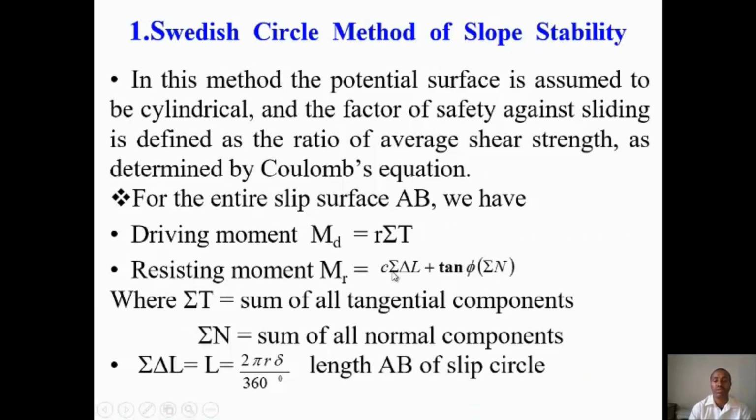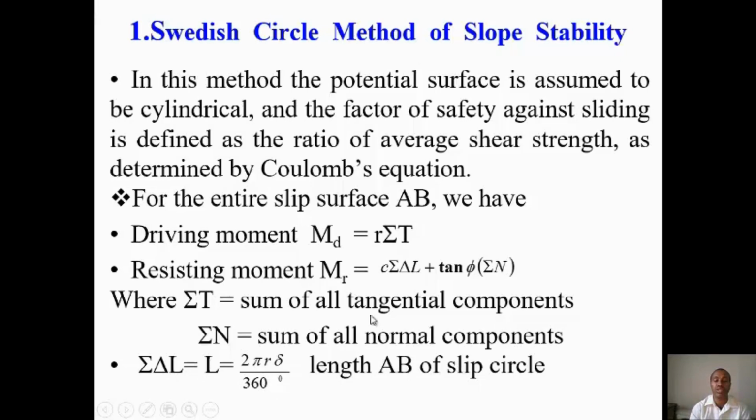The resisting moment is the cohesion c times the summation of arc lengths L for each slice, plus tan phi times the summation of normal forces. So this is the resisting moment, where sigma T is the sum of tangential components and sigma N is the sum of all normal components. Normal is resisting: rather than causing sliding, it acts in the downward direction. So the arc length is 2 pi r theta over 360 degrees.